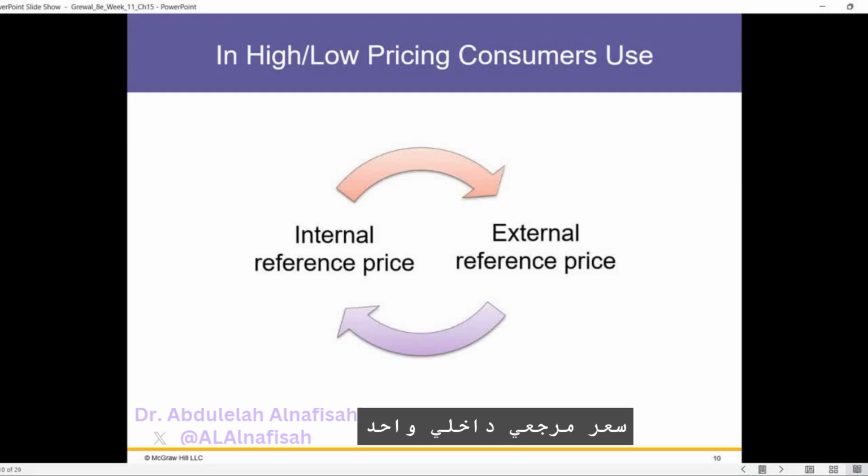Internal reference price. The internal reference price is the price that customers believe or expect a product should cost based on their past experiences or knowledge about the product. It is an individual's internal benchmark for what they consider a reasonable or fair price for a particular item.